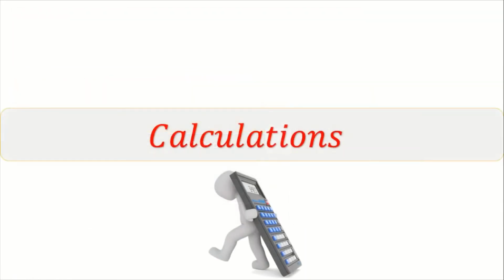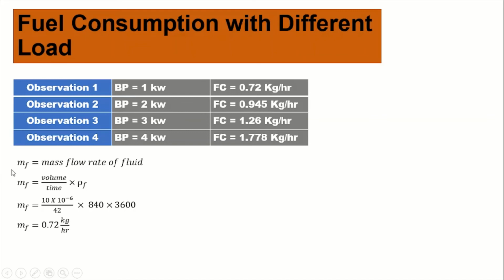In the calculation part we need the fuel consumption per hour for plotting the graph. Here fuel consumption is volume divided by time multiplied by density. For the first brake power, 42 seconds, the mass flow rate, that is the fuel consumption, is 0.72 kg per hour.